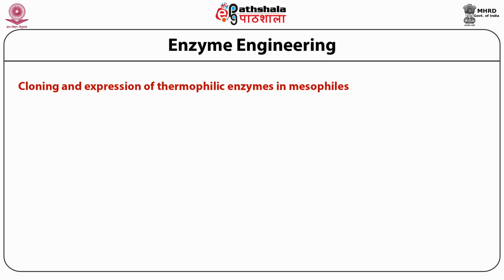So now it has been observed that the thermophilic enzymes can fold up to 60 degrees temperature lower than their growth temperature. And mostly these enzymes can actually be cloned and expressed in mesophiles, where they can be expressed and properly folded in these hosts.